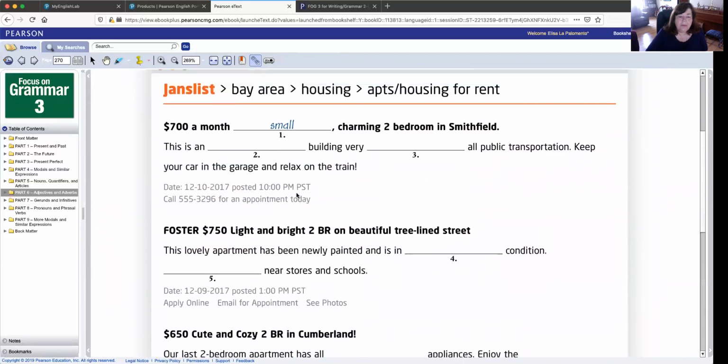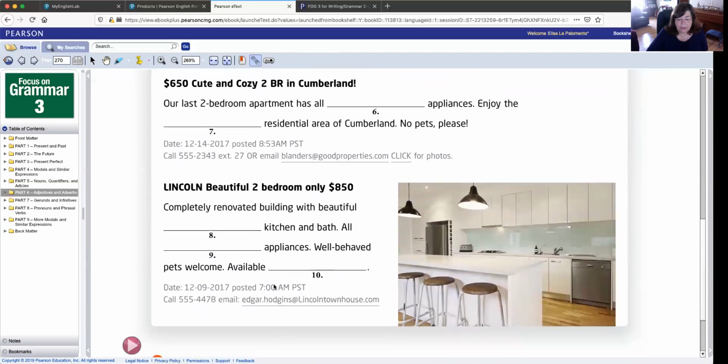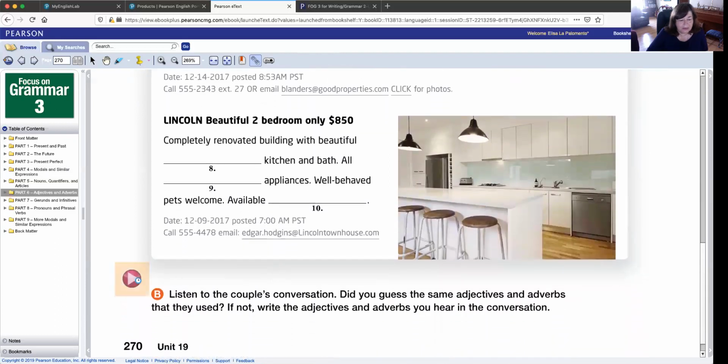So there is listening here. I think it's possible that in your grammar online part, there might be an audio for students. I know that I have that in mind, but I can never get to it. For some reason, it doesn't work. Let's just listen to this.